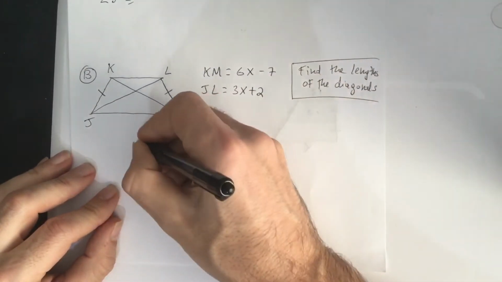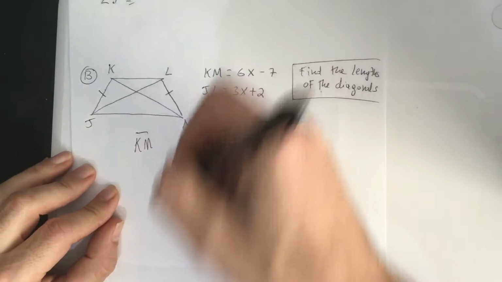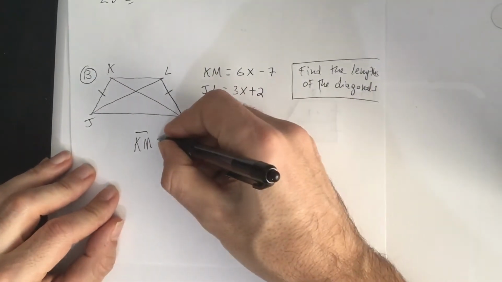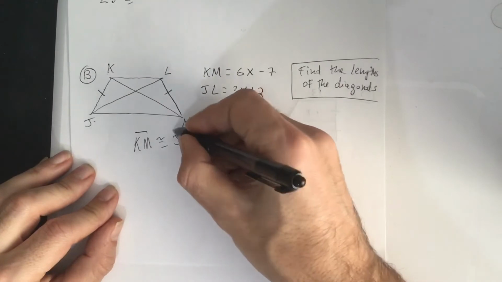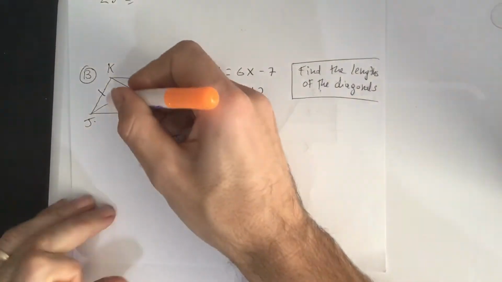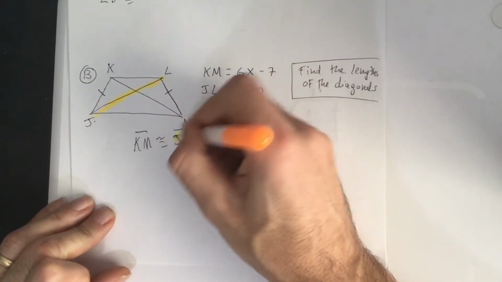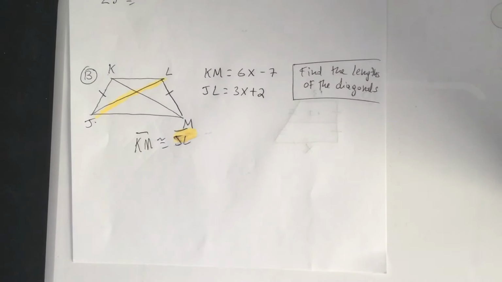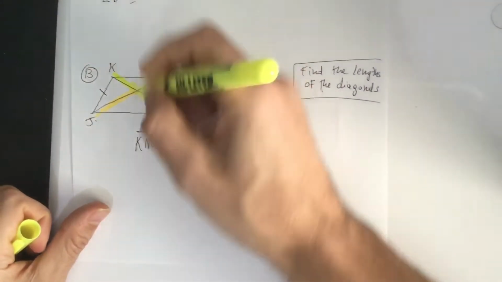So in this case, KM, this one over here, has to be congruent to JL. So basically, this one is congruent to this diagonal.